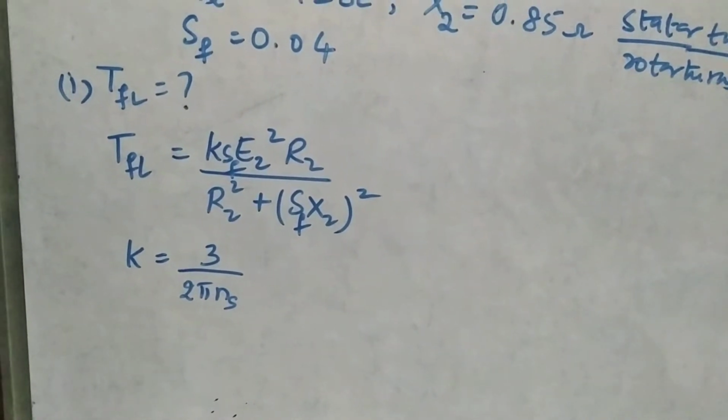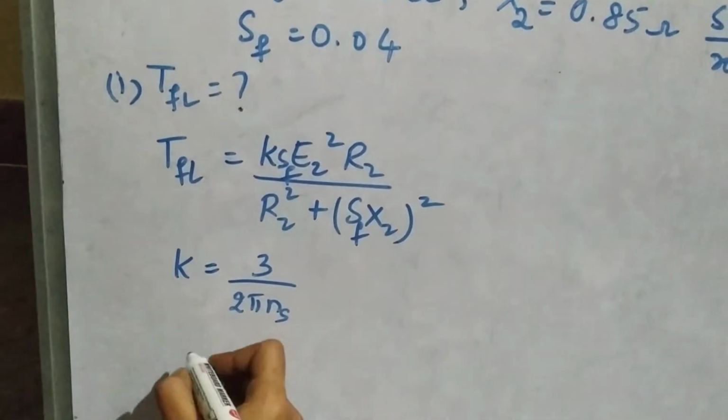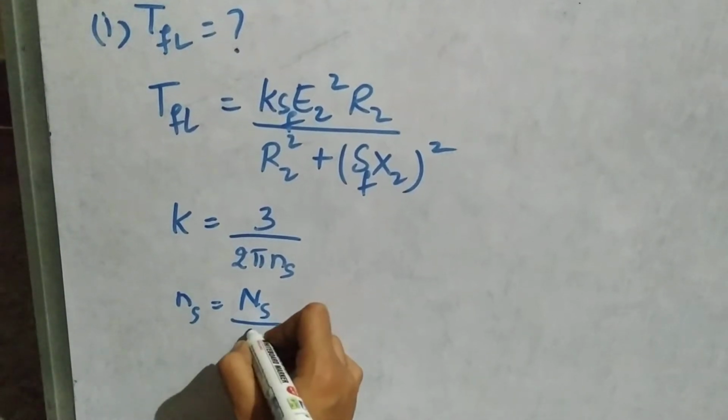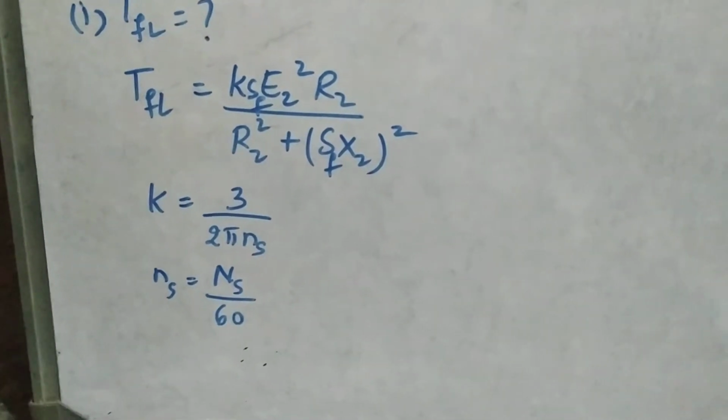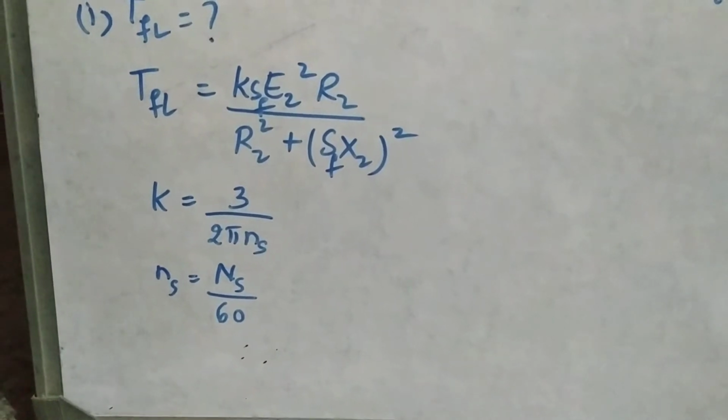How to get the small ns value? Small ns you can get by capital Ns divided by 60. Then how to get capital Ns?